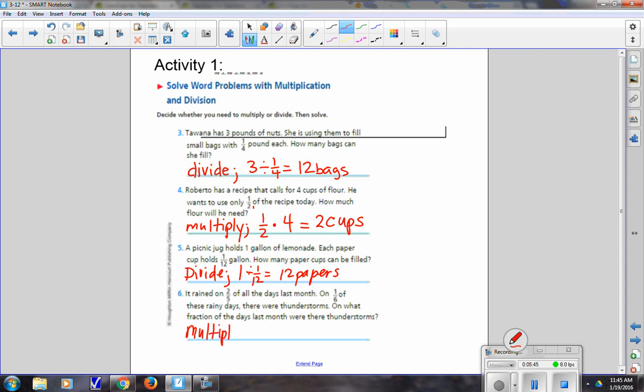Why? Well, we want to know 1/6 of 2/5, which tells us what fraction of the days of the month had thunderstorms.